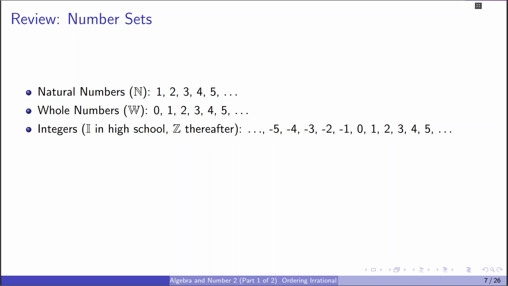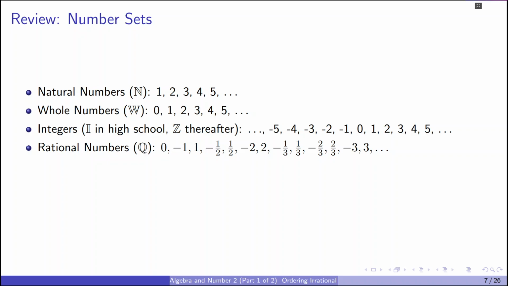Now, going in order of how we define numbers, the next would be the rational numbers. They get the symbol Q for quotient, because these are the numbers that can be expressed as fractions. That includes all of the integers, because 3 could be 3 over 1.